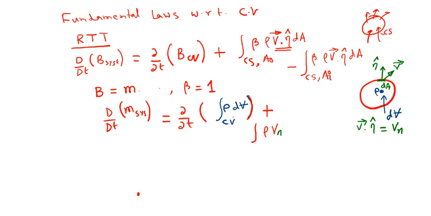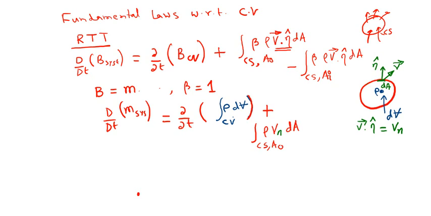So rho into Vn, integrated over the area, and this area is basically the outer area. So this integration will be over the control surface, basically over which area?